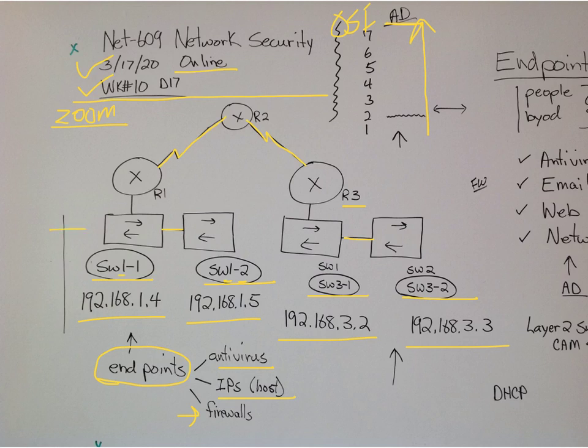Whereas if we can do security at the switch level, if we can create some protection at the edge here, and when we talk about switches, even though we're not doing it right now, we would also be talking about access points here also. Okay, so we talk about endpoint security, and if we could do it at layer 2, that'd be good.